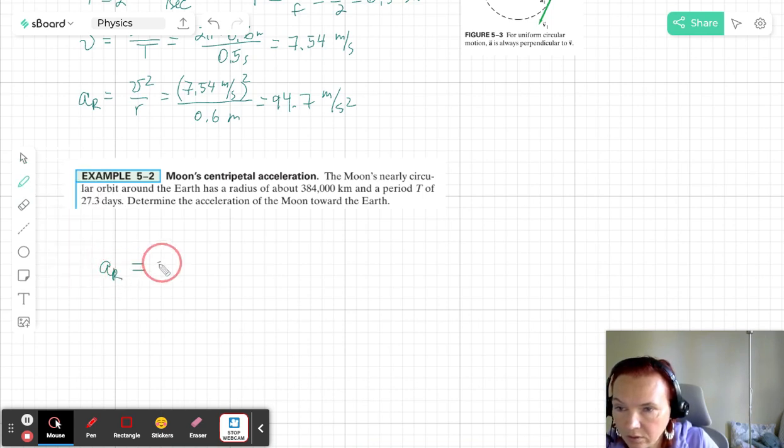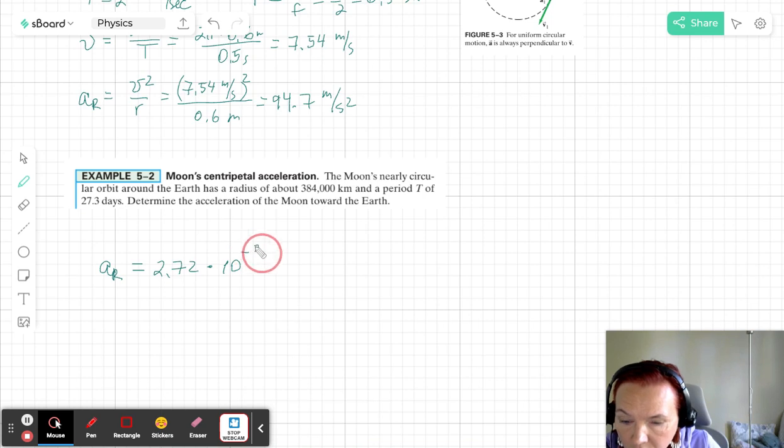AR equals 2.72 times 10 to negative third meters per second squared.